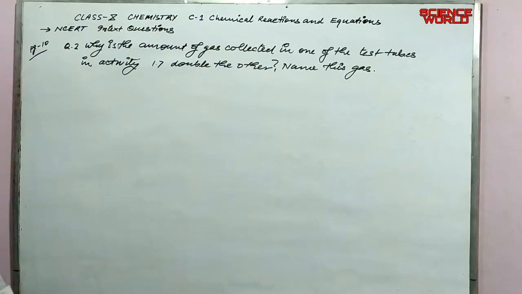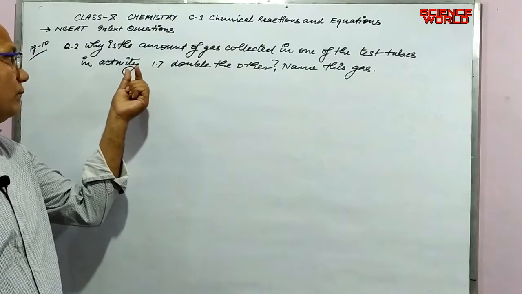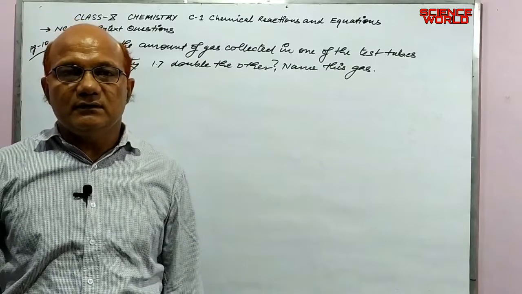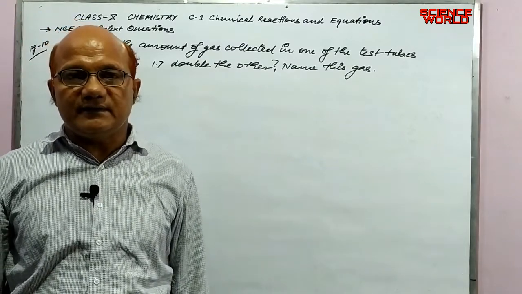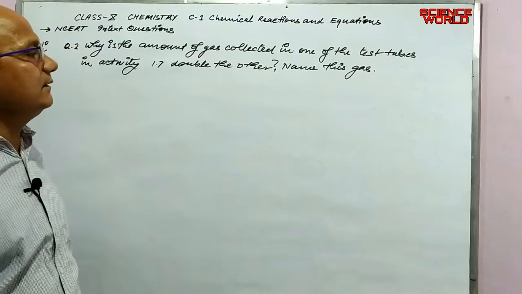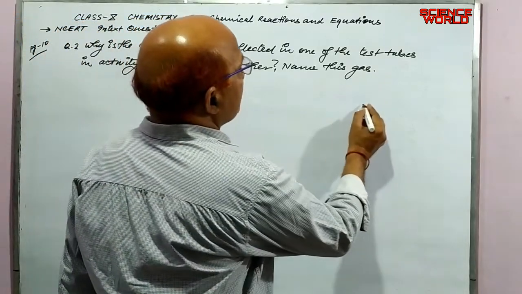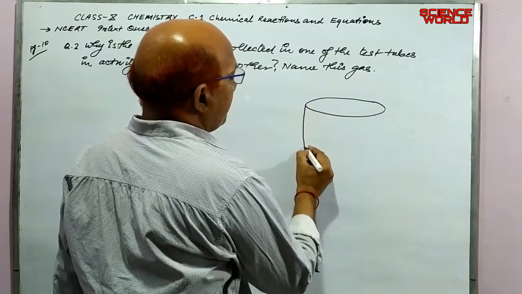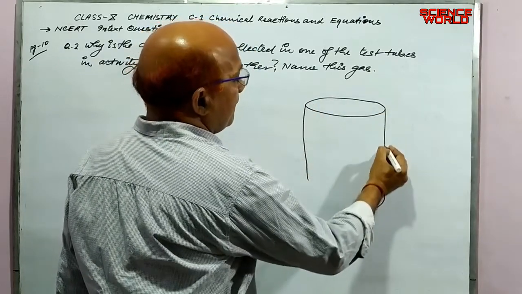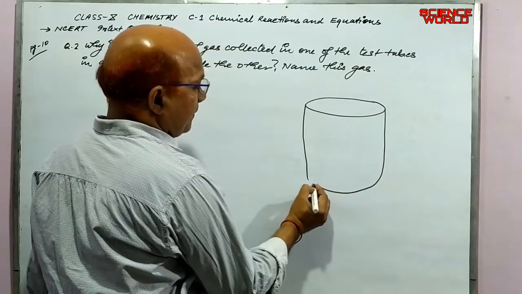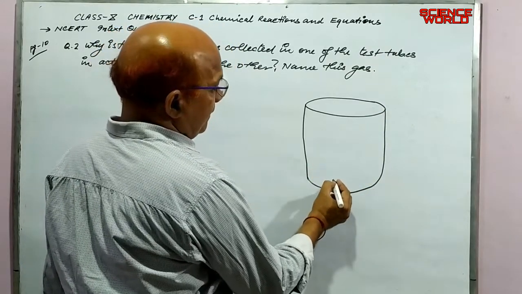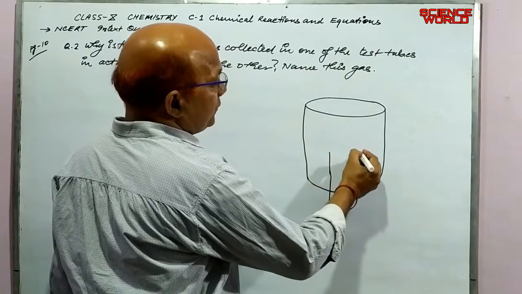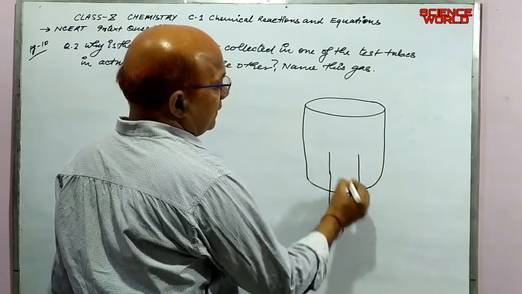This is the question. Actually, activity 1.7 is the electrolysis of water. This is a decomposition reaction. We use 2 electrodes.